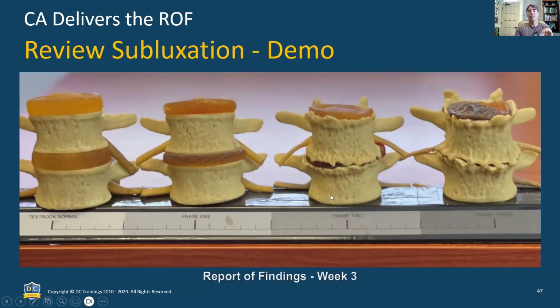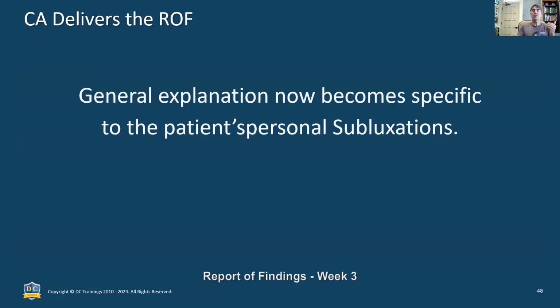So from here, because they now have this general understanding, we want to bring it in more specific, right? We want to make sure that they now understand, okay, that was the general explanation, and now we're going to go through the specifics of what's happening for you. And as I said, when you do this correctly, that's the question that's in their mind. They're thinking to themselves, okay, I understand what you just said.